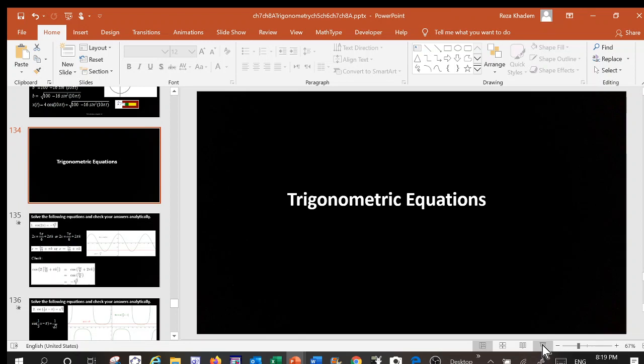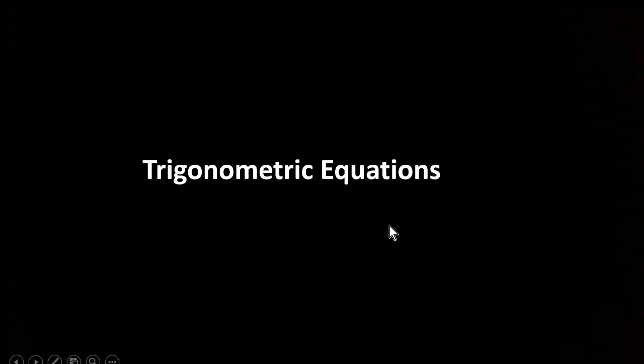working on trig equations. So what we want to do is basically solve trigonometric equations, and we're going to start with very basic ones, and I think we did that in class, but I think you already know how to do them.